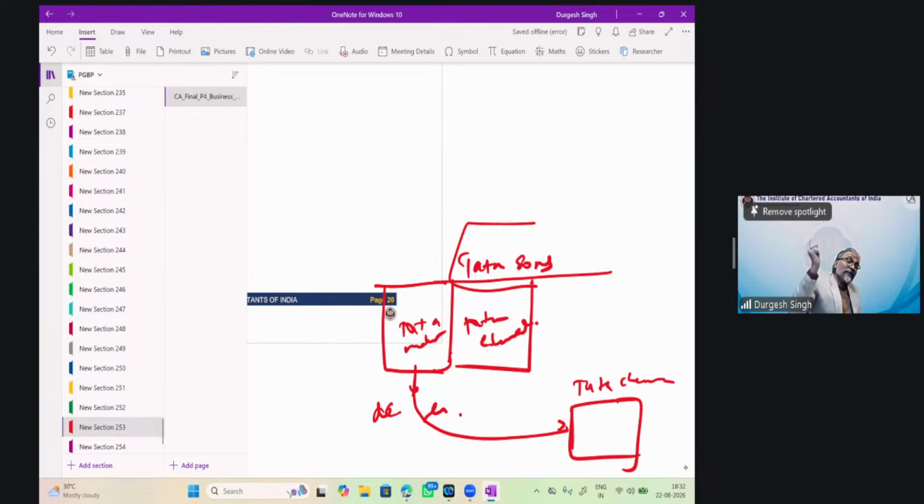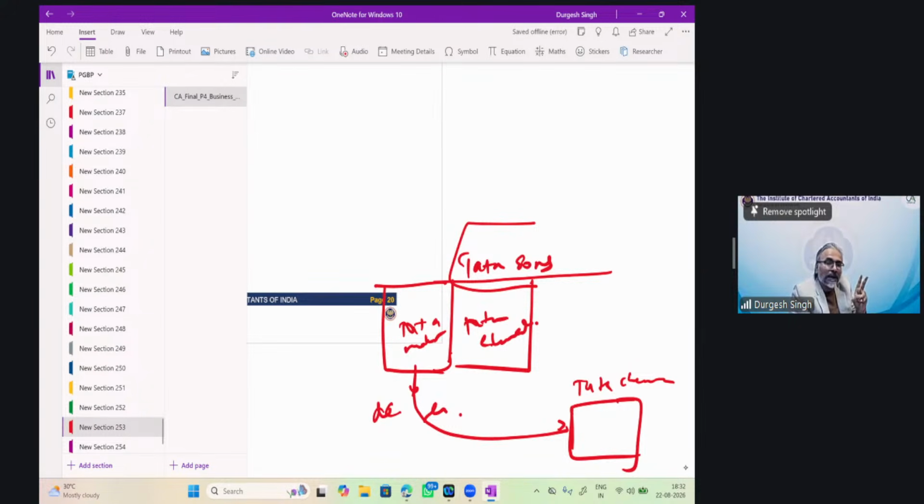Why? Because when I acquired the shares of Tata Sons, the division which is Tata Motors was part of it. So some portion of that 100 value represented the value of Tata Motors, or Tata Chemicals, whatever division has been demerged now.